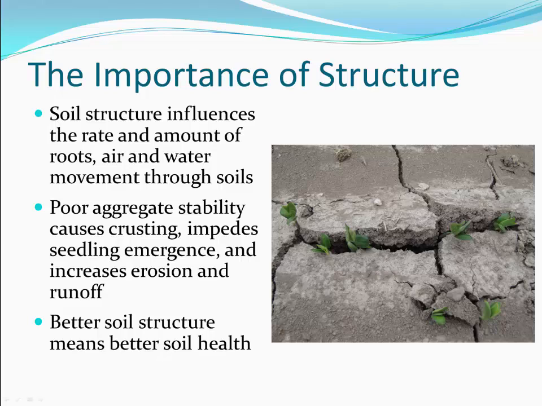Well, let's begin with just a little bit of background information. The importance of soil structure. And this picture of a thick soil crust is impeding seedling emergence of soybeans. And this illustrates the importance of having good structure, avoiding the formation of soil crust, and having good water-stable aggregates.